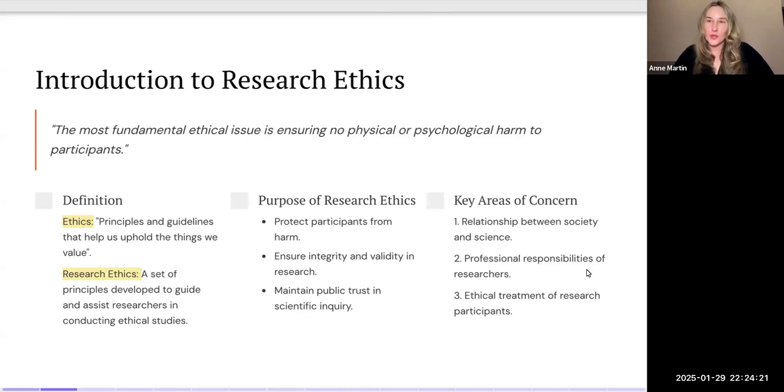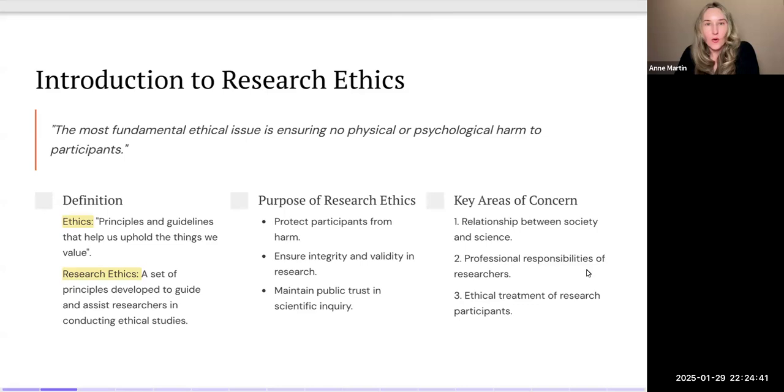When we talk about research ethics, we are talking about the guiding principles that researchers hold to make sure that they are not causing harm, primarily for participants, but also upholding integrity and validity in their research and maintaining trust with the public about their research.